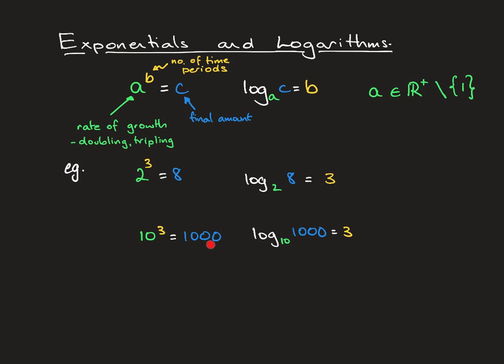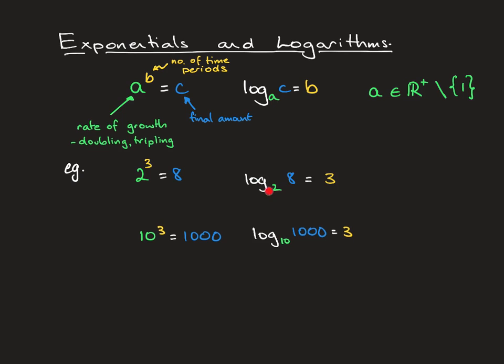So the logarithm can help us to find, almost if you think of this as a time period, how long it will take at a particular rate of growth to achieve this particular number.